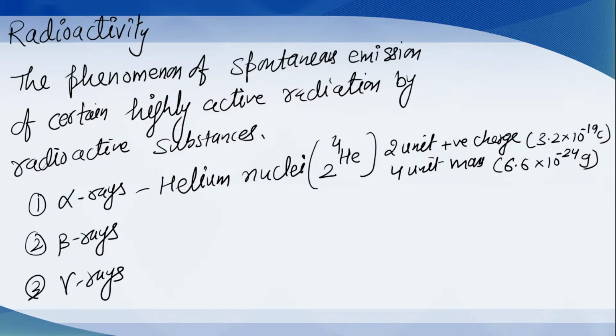Okay, so now next is beta rays. Beta rays are a stream of electrons only.